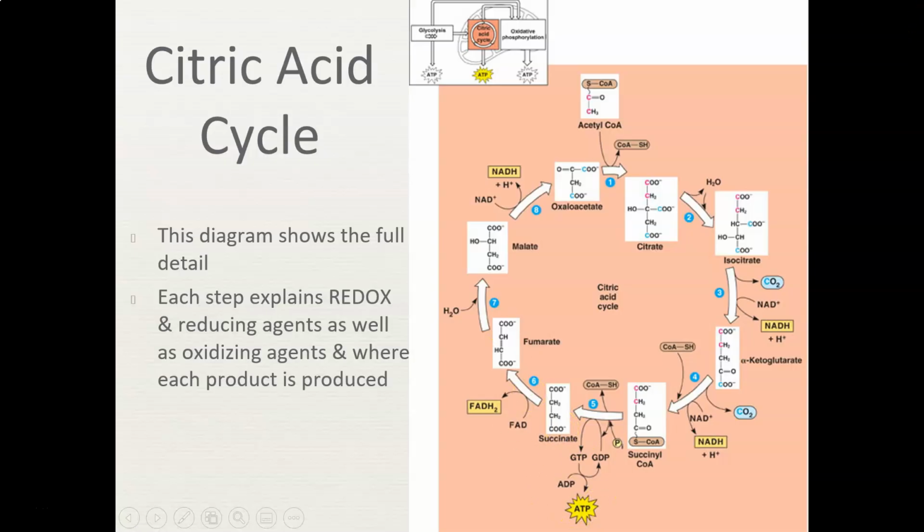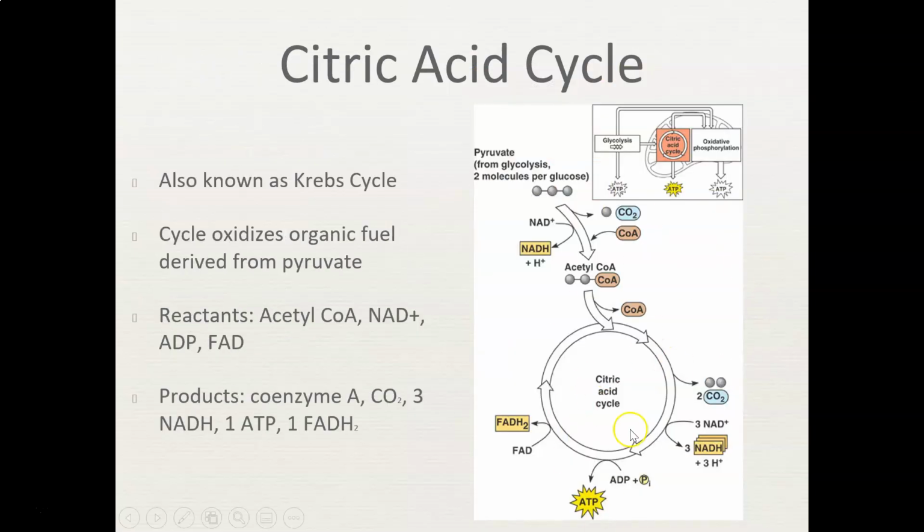Each of these steps really does ultimately be able to explain that full redox process with the reducing agents, the oxidizing agents, where all the products get made. Here's that citrate, right? That's the first product that gets produced, which is where the citric acid cycle term comes from. As far as I'm concerned, you can dig into this as deep as you want, but I really need you, for our purposes this year, to be able to know this component.